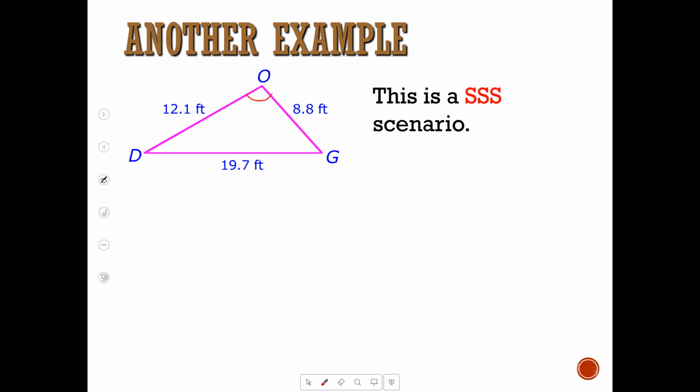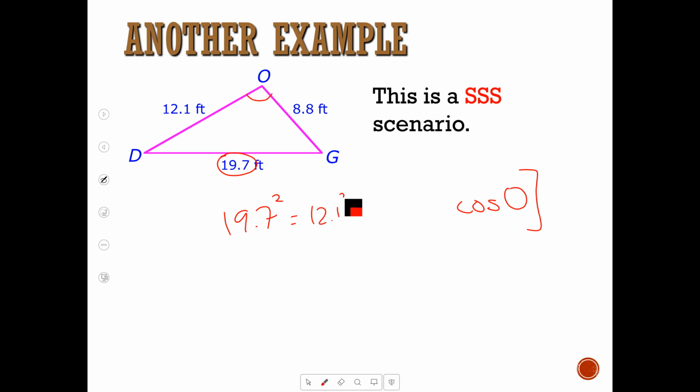If I'm going to solve for angle O, that means I'm using the 19.7. And you'll remember 30 seconds ago I said the angle on the right has to match the side on the left. So I'm there, just to get it started.